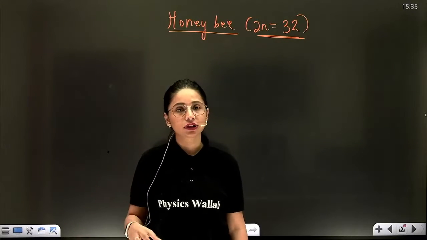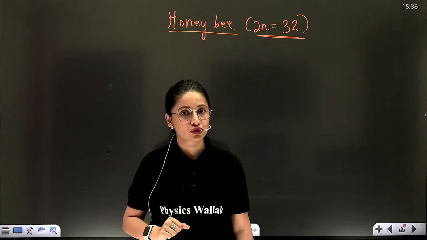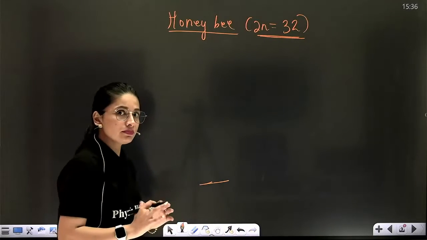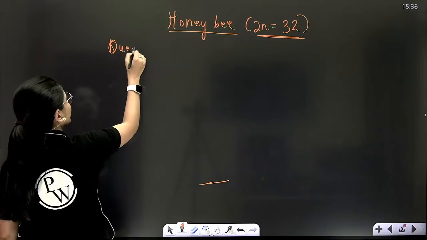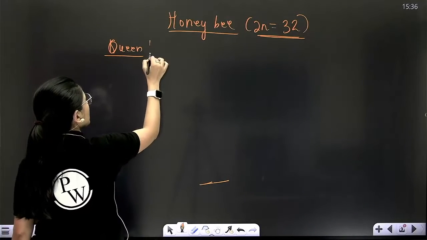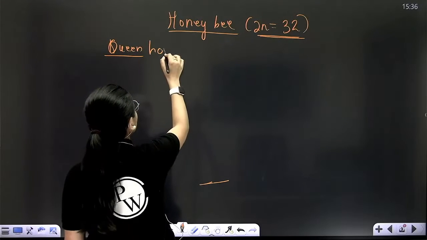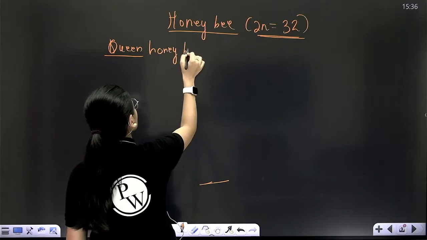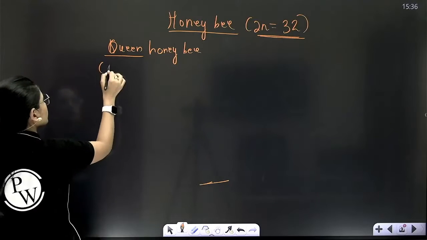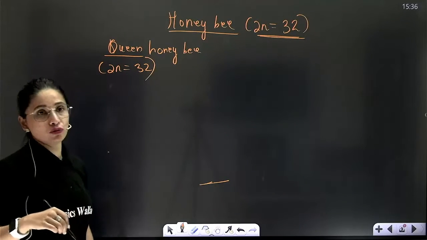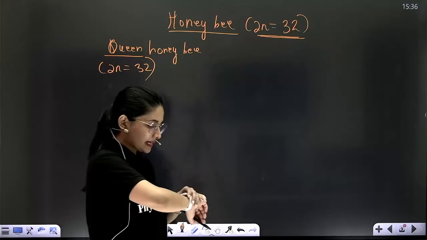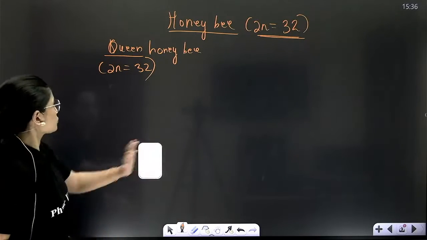Now the female fertile honeybee, known as the queen honeybee, is diploid, having 16 pairs of chromosomes, also called 32 chromosomes.